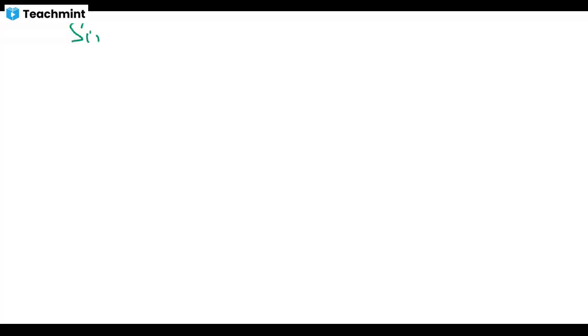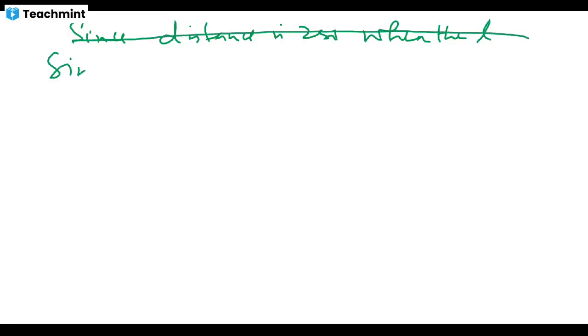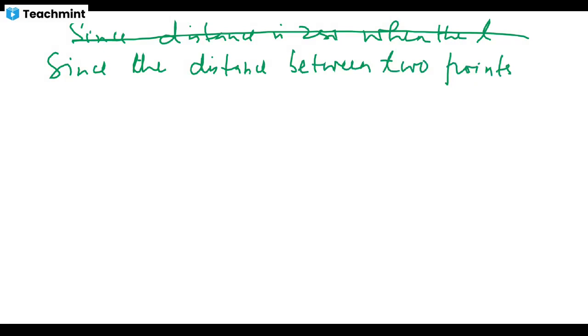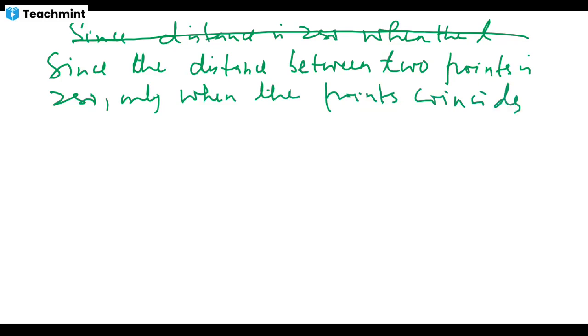And another thing that you might observe about the distance function is that the distance between 2 points is 0 only when the points coincide, when the points are the same.